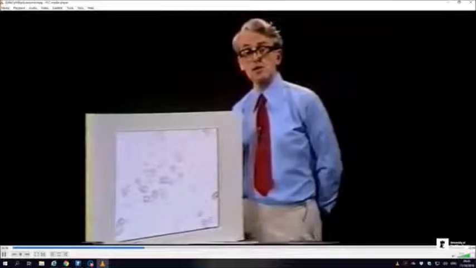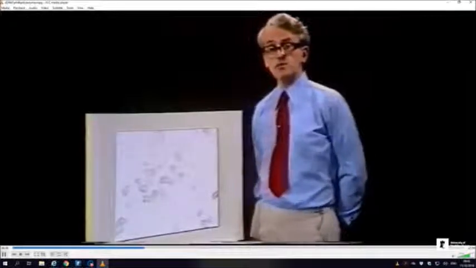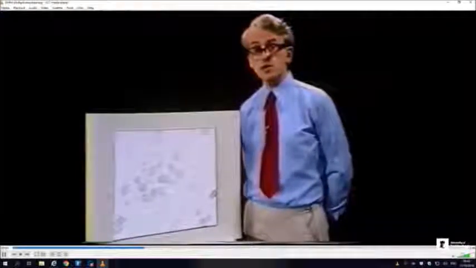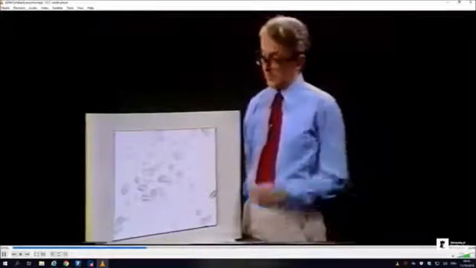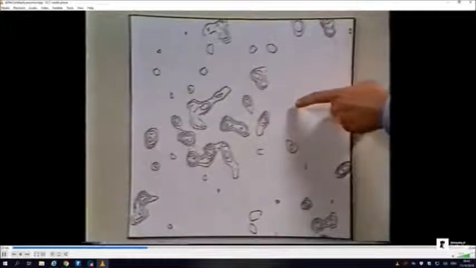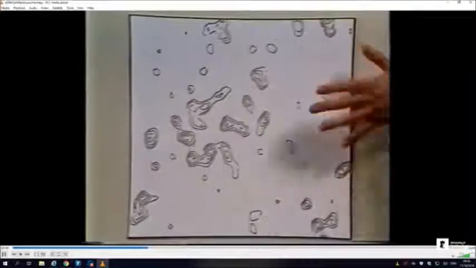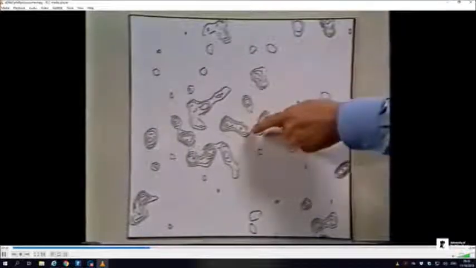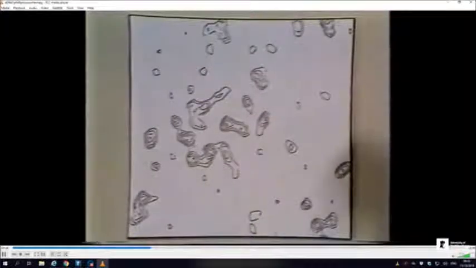In the next step, the thousands of measurements are combined in a computer calculation to give maps of the electron densities like this. This map is a cross-section through the molecule, and the electron densities are shown by these contour lines, like the contours in a geographical altitude map.